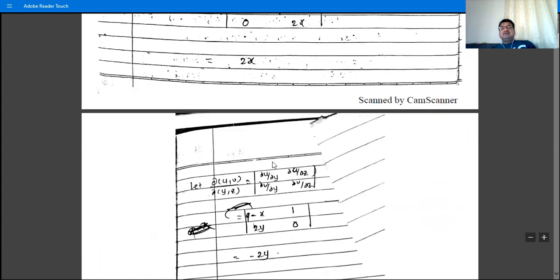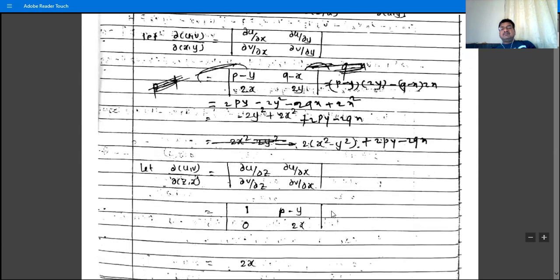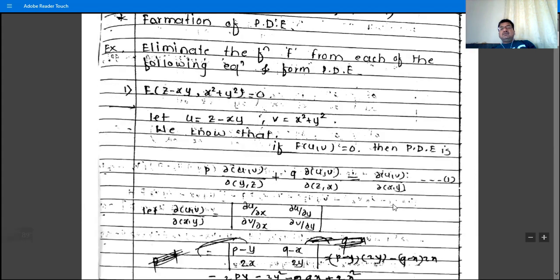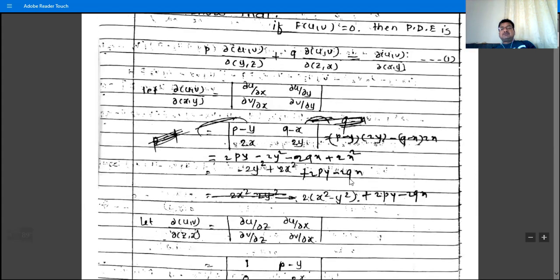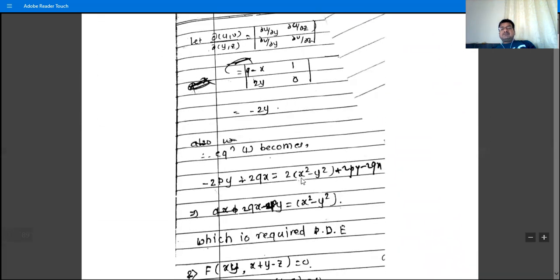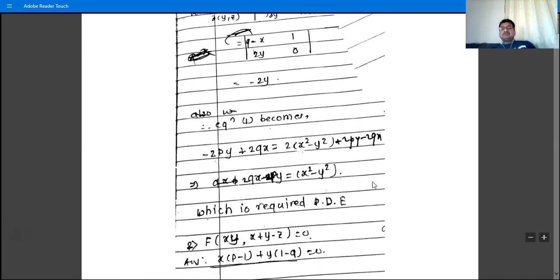Q times ∂(u,v)/∂(z,x), which is 2x, is equal to ∂(u,v)/∂(x,y). ∂(u,v)/∂(x,y) is this: minus 2y square minus 2 in bracket x square minus y square, plus 2py minus 2qx.